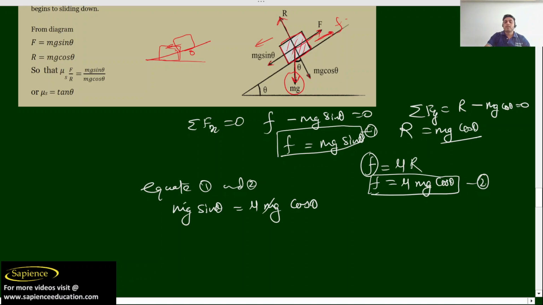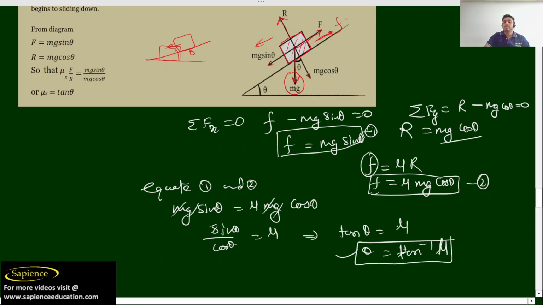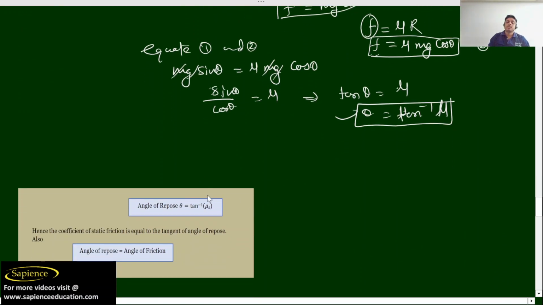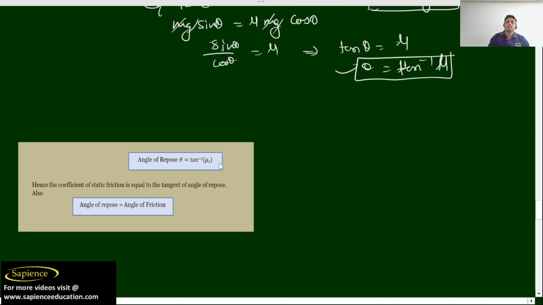So m gets cancelled, g gets cancelled. So we get sin theta divided by cos theta is equal to mu, or we ultimately get tan theta is equal to mu, or theta is equal to tan inverse mu, and this is the angle of repose. Understood? So angle of repose theta is equal to tan inverse mu s.